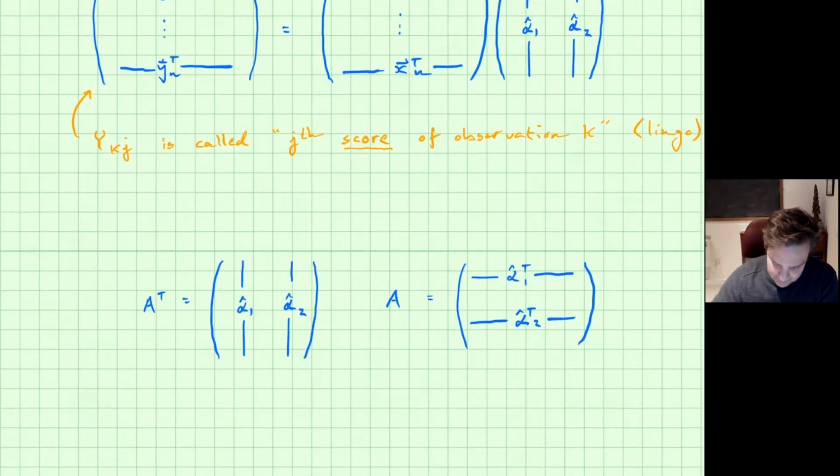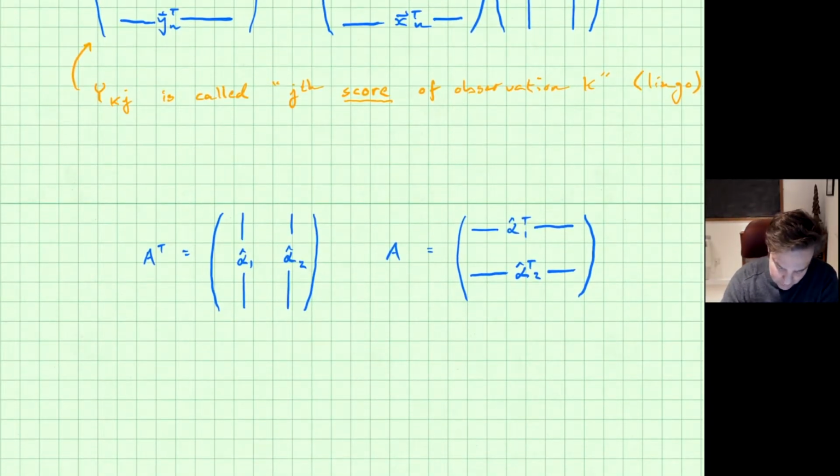And this matrix, the matrix A, just more lingo. This is the only two weird terms I think we're going to introduce today. This is called the matrix of loadings. I'm not sure where these names, scores and loadings, come from.